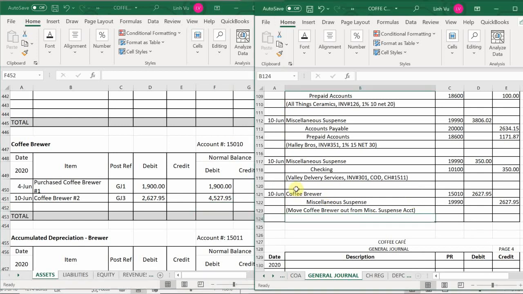No. This is an internal transaction. I'm moving from one account to another, and it had nothing to do with a customer, a vendor, or an employee. So that's all I need to do from here.